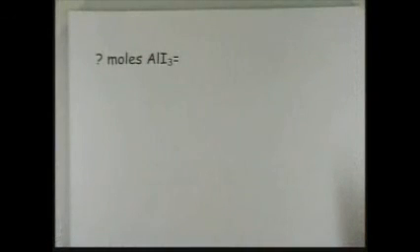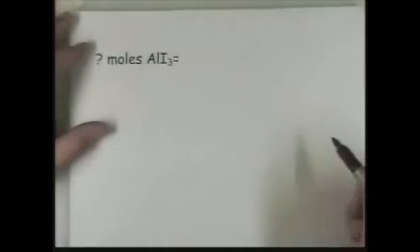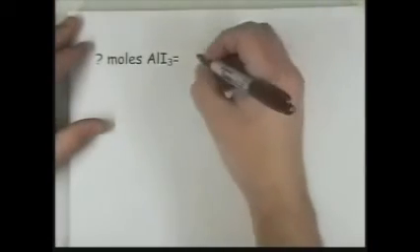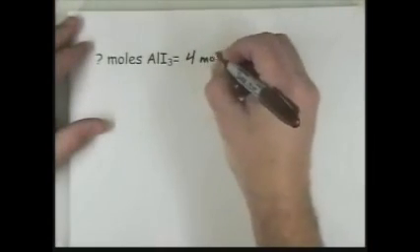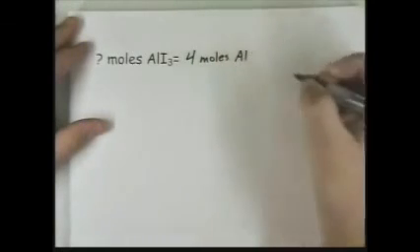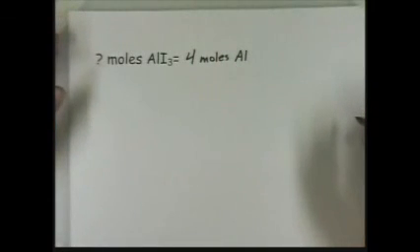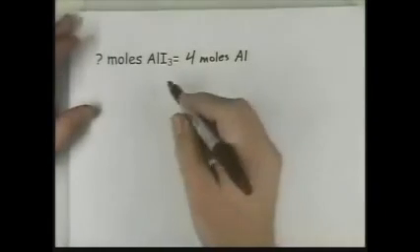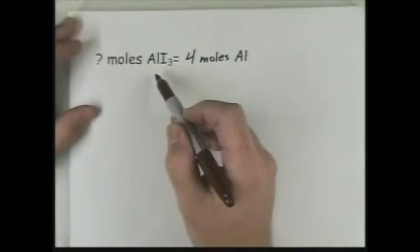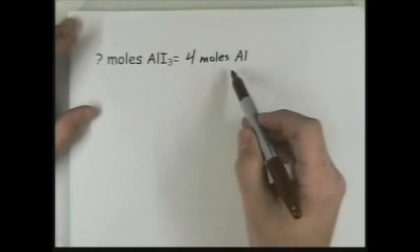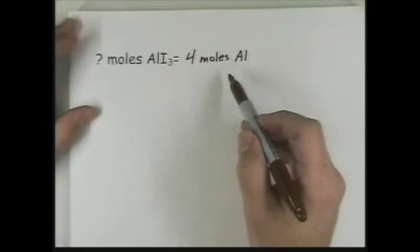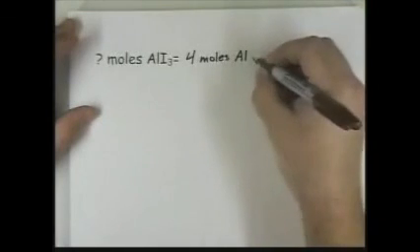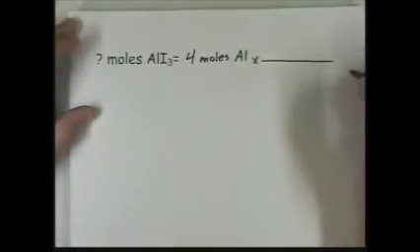Let's start by putting our problem into the good old question mark form. How many moles of aluminum iodide equal 4 moles of aluminum? Now it's time to use the mole ratios you've discovered. We're looking for moles of aluminum iodide, and we were given moles of aluminum. Using the coefficients from our balanced equation, we will use the mole ratio as a conversion factor.